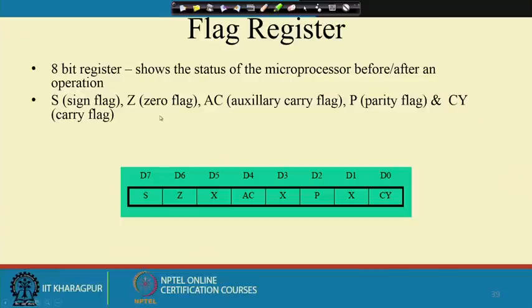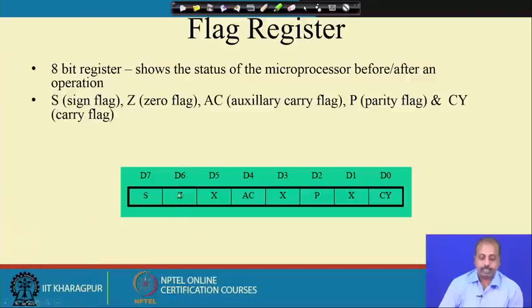The last operation may have resulted in the value being totally 0. Maybe we have subtracted two same values, and as a result the result has become 0. In that case, the D6 bit, the zero flag, will be set to 1, telling that the result was 0; otherwise the Z bit will be 0. The D5 bit is not used.